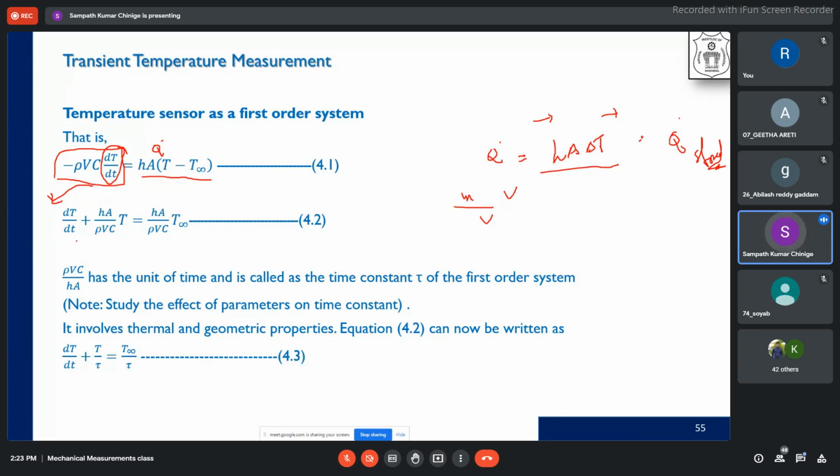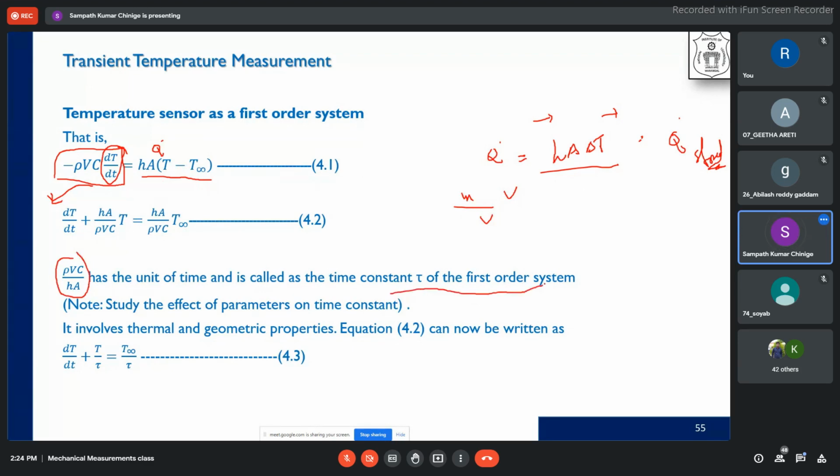So if you write this expression, dT by dt plus hA by rho Vc (T minus T infinity) equals zero, bringing this term to the other side: dT by dt equals minus hA by rho Vc T plus hA by rho Vc T infinity. This rho Vc by hA is generally what we call the time constant tau for the first order system.